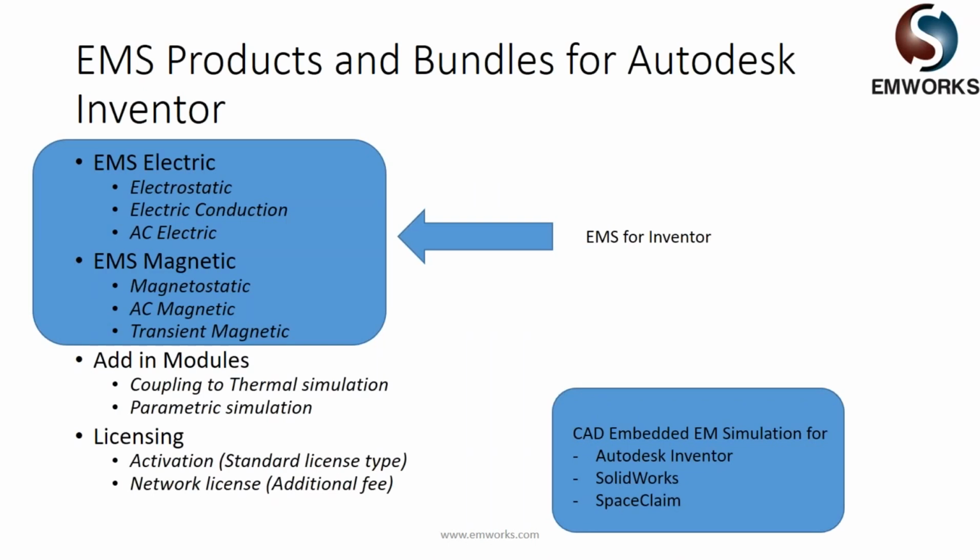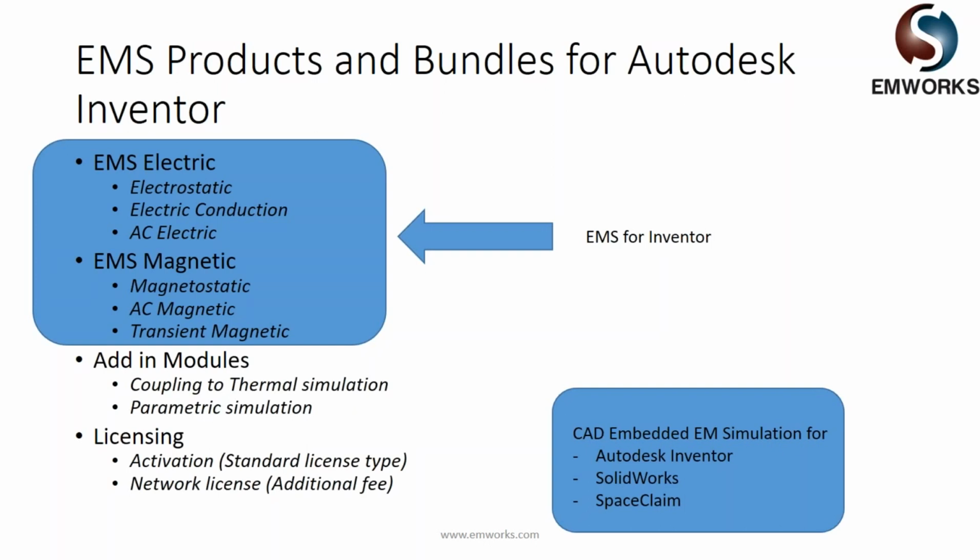Let me start with Emworks and the product EMS for Inventor. EMS for Inventor basically comprises two major categories. It is EMS electric that deals with electrostatic, electric conduction, AC electric type of problems where we have charges and voltages but no current or no coils.